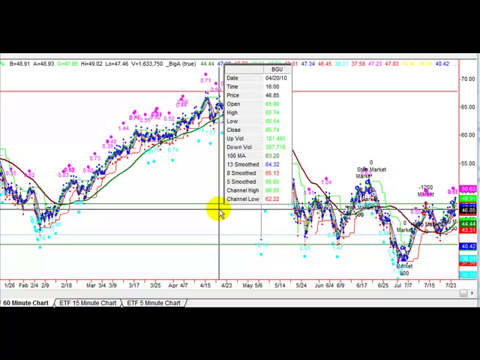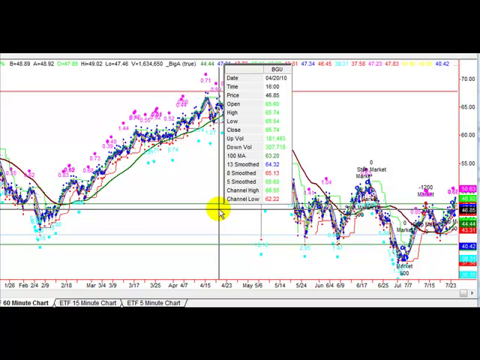Our target, if you subtract 48.07 from 67.78, is $19.71. Very good. So the reward risk ratio is 14 to 1. It looks a lot more than that, but it's 14 to 1, rounded.